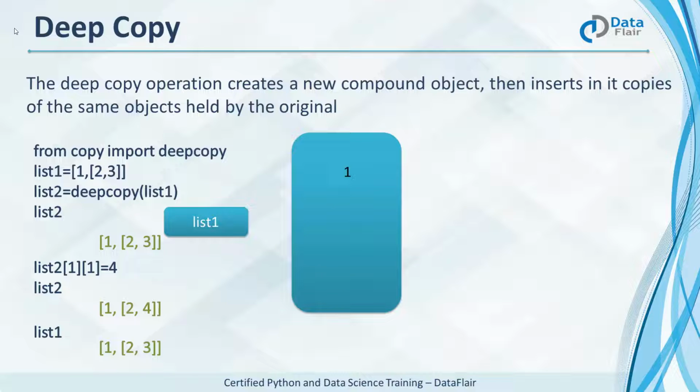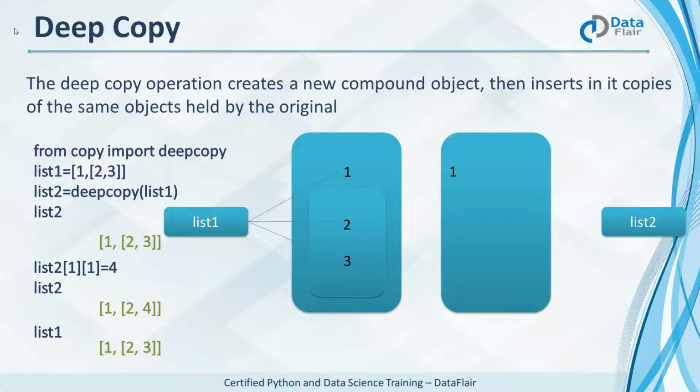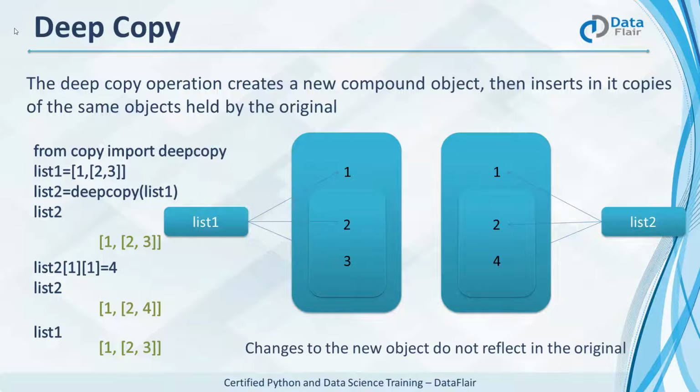List 1 has the value 1 and a sublist with values 2 and 3. When we create list 2, we store in it 1 and a sublist with values 2 and 3. Now, if we modify a value in the copy, it does not affect the original list. So you see, changes to the new object do not reflect in the original.